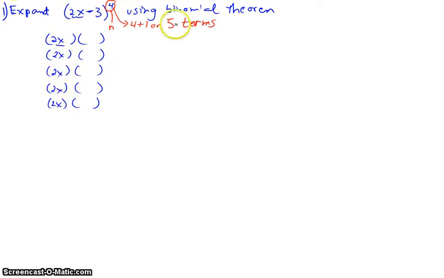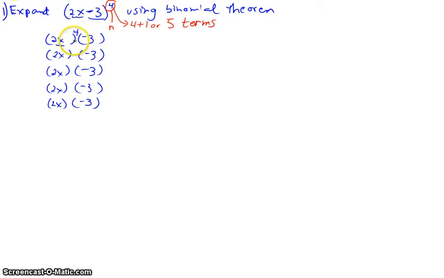The second set of brackets goes the second term, and it includes a sign in front. If it was plus 3, you'd just write 3, but since it's negative 3, we write negative 3. Now remember from our patterns, the exponent on x, or in this case 2x, starts at our n value, 4.